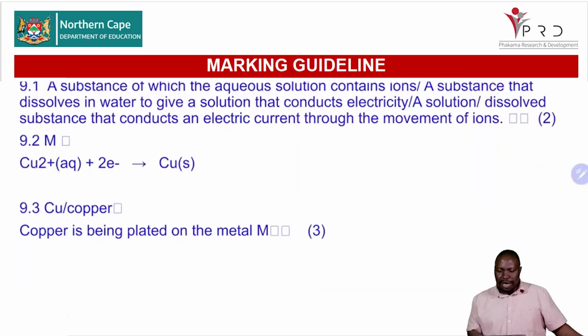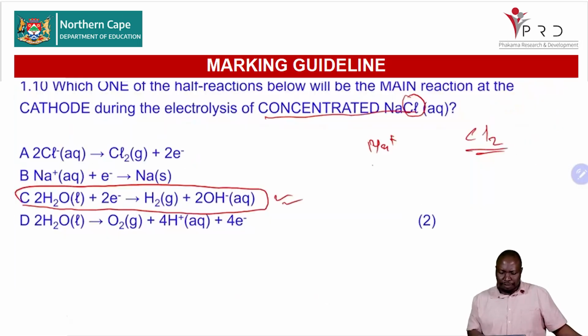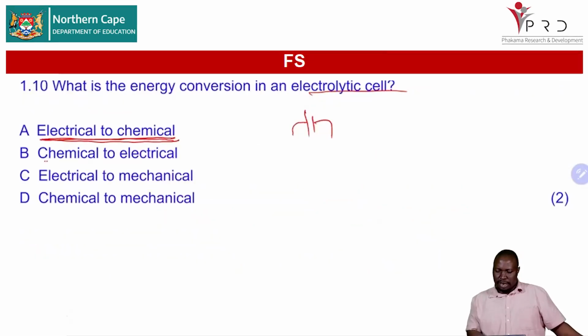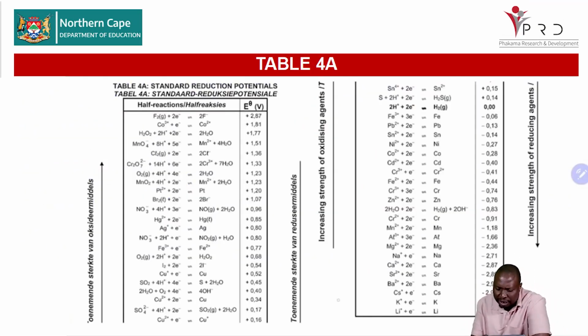Now, if you go to the table, let me go back to the table. Yes. Now, if you check, we are having zinc and copper. The copper 2 plus, which is 0.34. And we're having our zinc, which is negative 0.76.